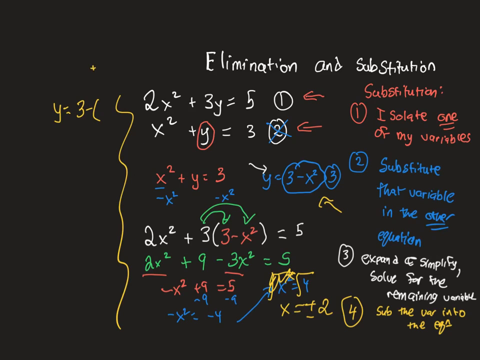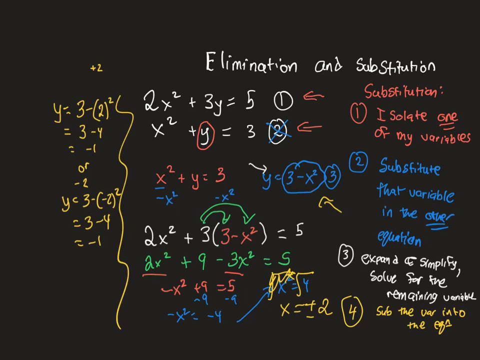So let's do it if it's plus 2. I'm going to put 2 squared, which will give me 3 minus 4, which is negative 1. Or if I used minus 2, that would be y is equal to 3 minus 2 squared. It's going to give us the same answer in this case because it's squared, which is negative 1.